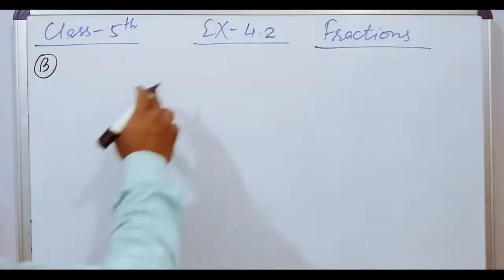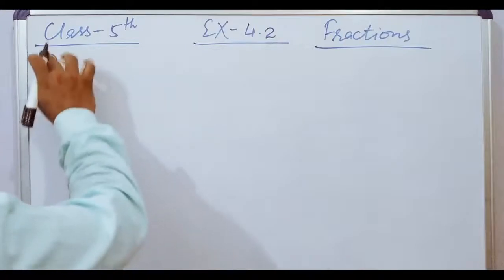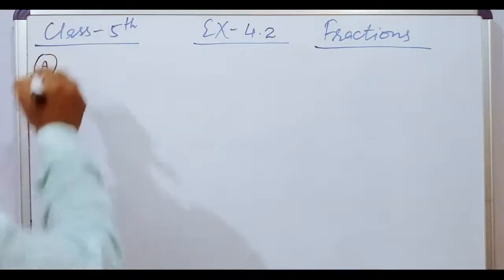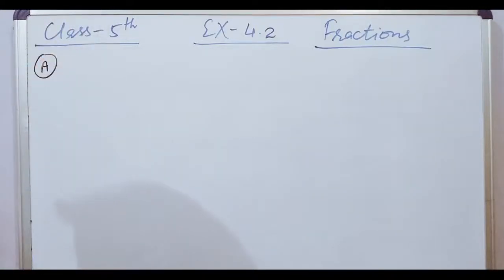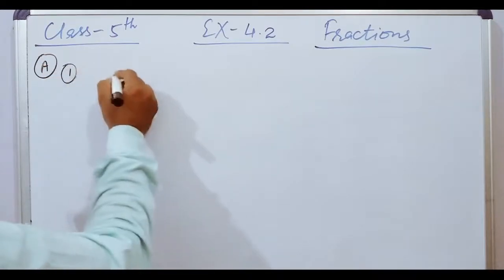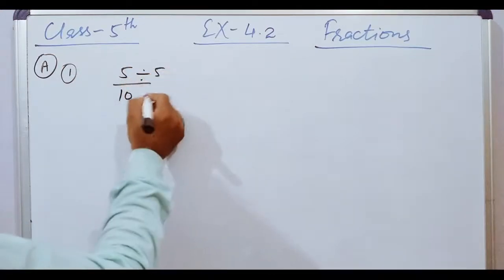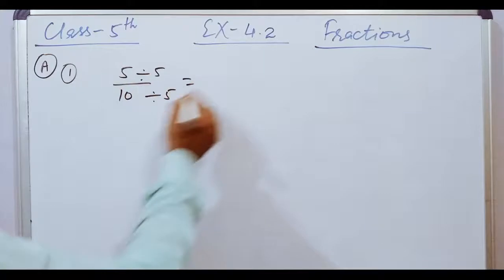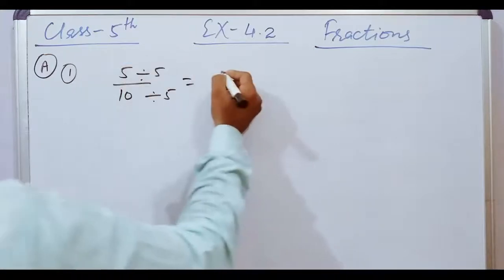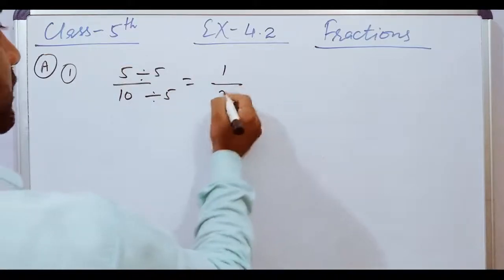Now exercise 4.2, question number 8. Part A, reduce to the lowest term. Question number 1, 5 upon 10 is divided by 5. So 5 1s are 5, 5 2s are 10.